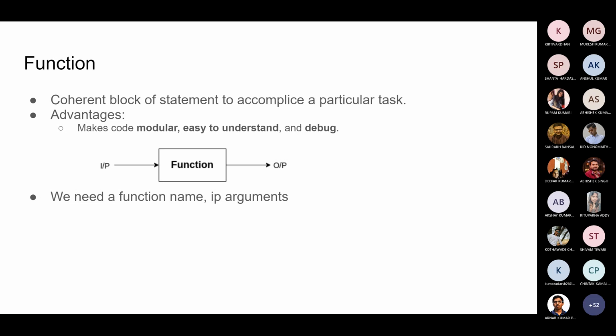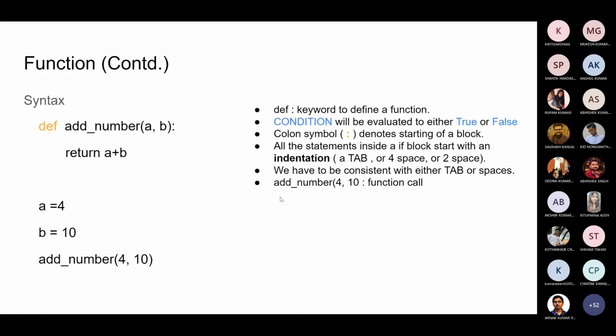Functions can be treated as a black box which takes an input and gives us some output. We need a function name and input arguments for defining and calling a function. The syntax of a function in Python is like: def add_two_numbers(a, b): return a + b. Here def is the keyword to define a function, add_two_numbers is the function name, and a and b are arguments.